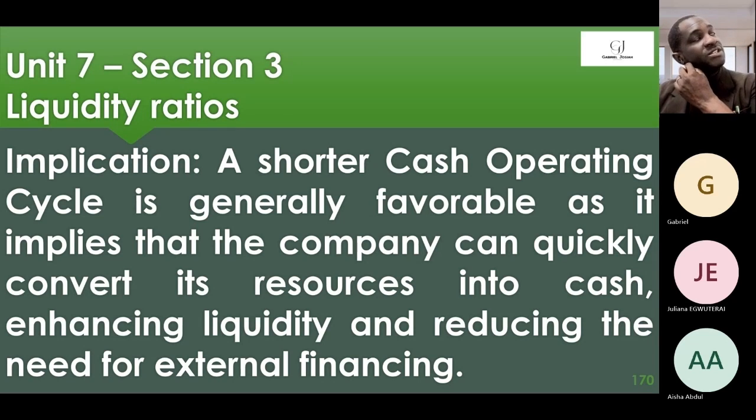So where you have 22 months, 23 months, I mean, that's over a year. That means most of the time you are looking at external financing, borrowings in the case of Dan Kabir, to finance operations day to day, which is not generally favorable for the company. So it's very important that companies and accountants maintain shorter cycles to enhance cash flow.